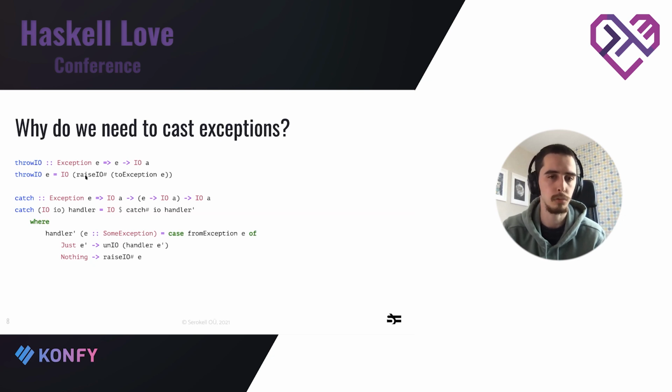So to work with these primitives, we need to be able to convert to and from SomeException. In throwIO, we use toException to get a SomeException value. And in catch, we create a handler that takes SomeException, and we use the fromException function to convert it to the desired type, to this e type. If conversion succeeds, we use the handler we passed to the catch function. And if it doesn't, then we simply rethrow the exception.